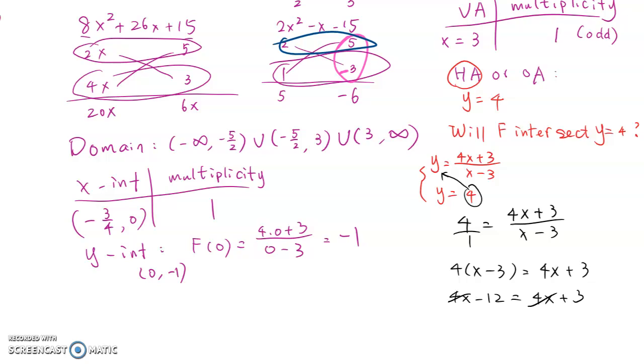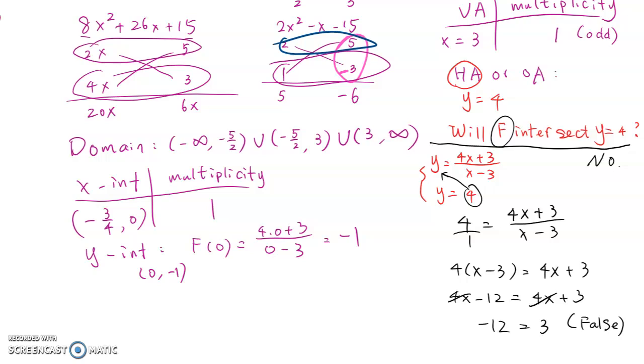Now cancel out the 4x on both sides. You have negative 12 equals 3. This is an obvious false statement. Doesn't matter what your x is, this equation doesn't have a solution. So that means these two will not intersect. F will not intersect its horizontal asymptote y equals 4. So no, they will not intersect.